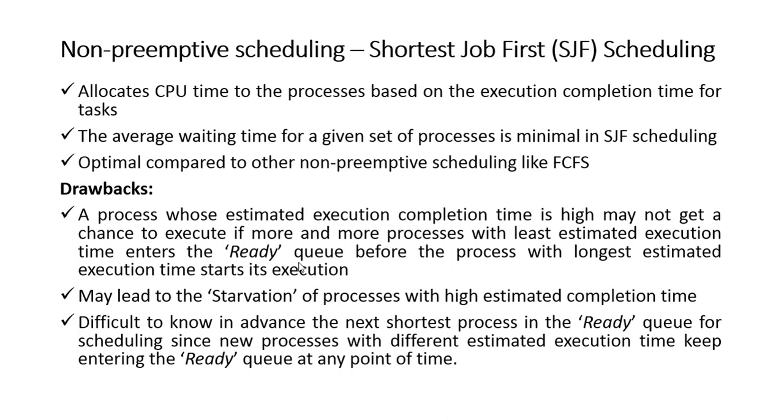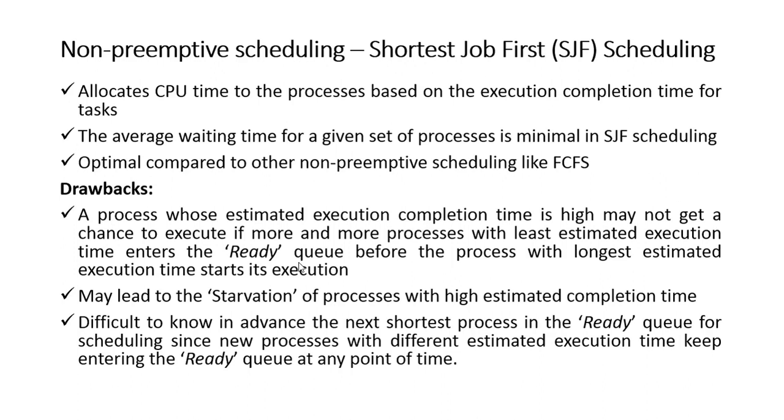Next, it may lead to the starvation of processes with high estimated completion time. Starvation of processes means this scheduling algorithm makes the processes with the longest estimated time wait for a longer time if more processes with short estimated execution time keep entering the ready queue.